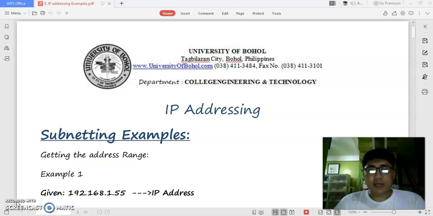So last time we discussed the IP addressing theories and some terms that we'll be using. Right now, our next topic is about subnetting, and we have examples and a set of scenarios and problems.